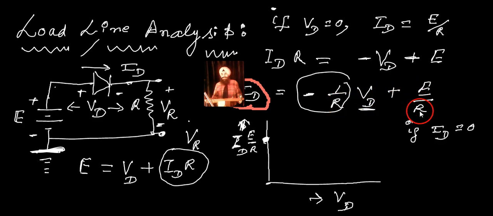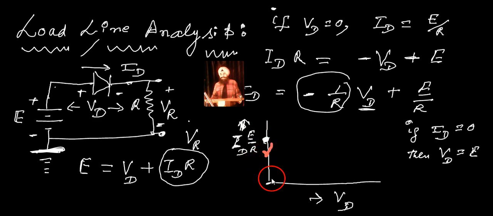R and R cancel out, and VD becomes equal to E. Where ID is 0, we are coming along this side, ID decreasing, and here ID becomes 0. And with ID 0, the value of VD is E. Suppose the E value is this point.